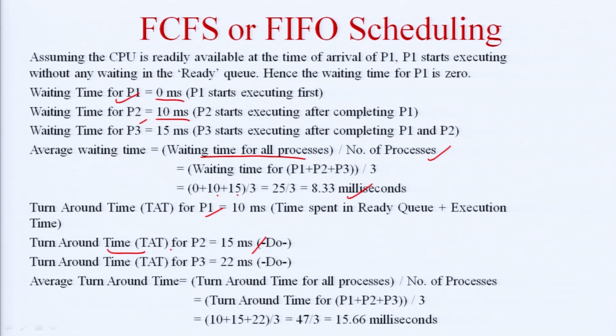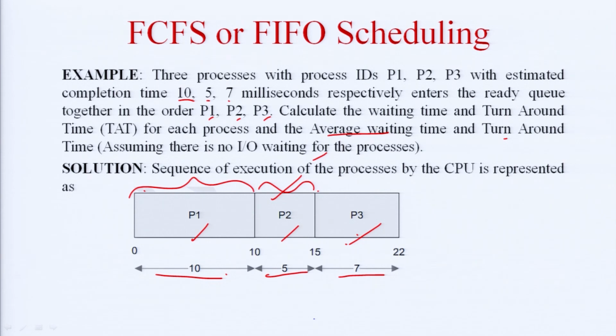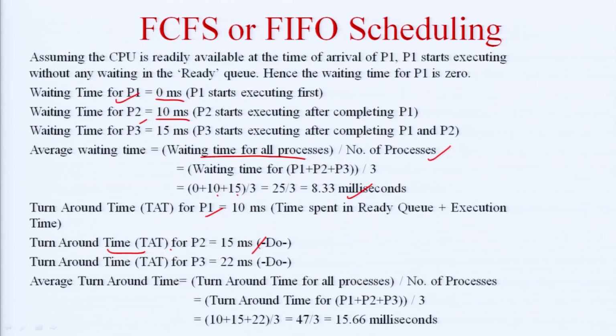Now, the turnaround time for P3 is the waiting time for P3 plus the execution time. The waiting time for P3 is the execution time of P1 plus P2, that is 15, and 7 milliseconds is the execution time of P3. So, the waiting time 15 plus the execution time 7 will give 22 milliseconds.